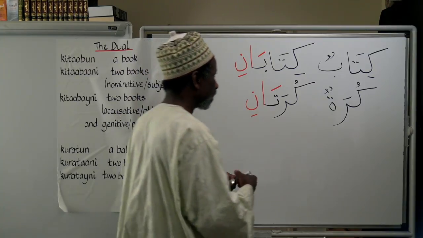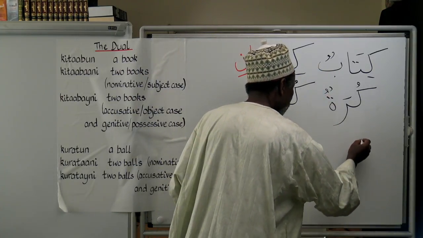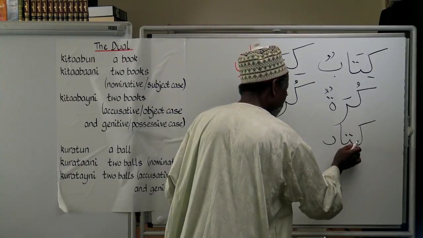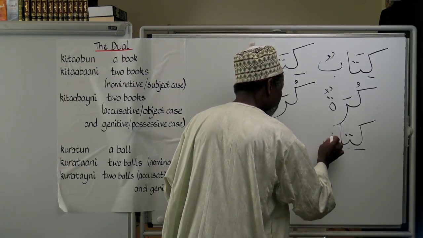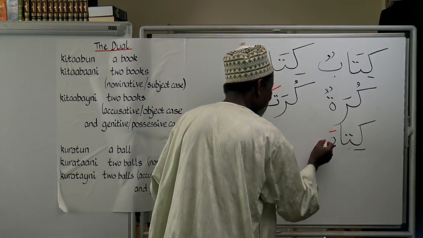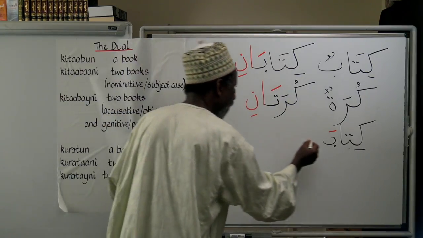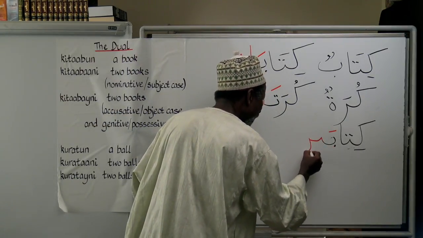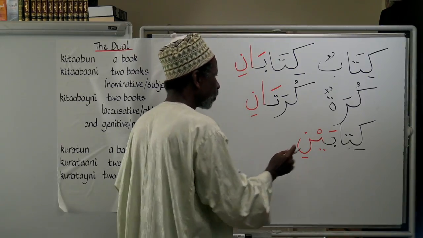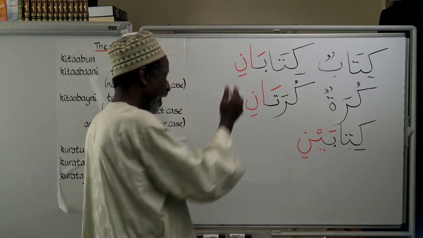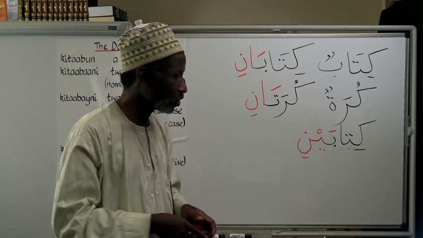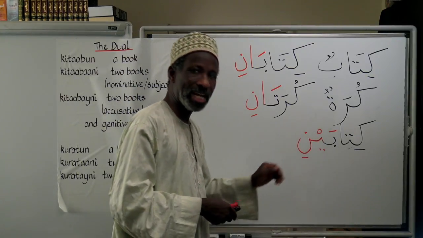Let's do that. So we're going to start with kitab again. So this is kitab, that's your ba. So we still use the fatha, we put fatha there, but instead of alif, this time we're going to write ya and we write the same noon. So kitabayni. So instead of the ani ending, in an accusative or genitive situation, you will have the ayni ending.